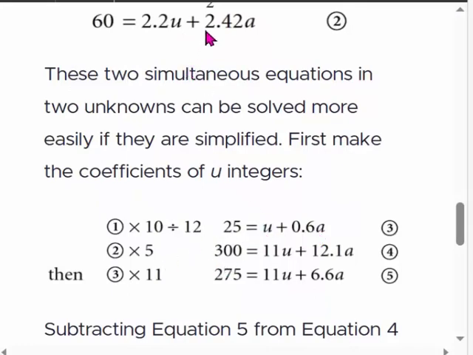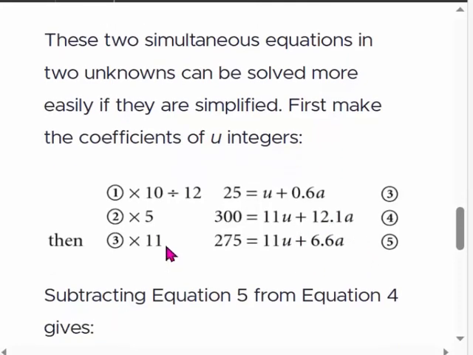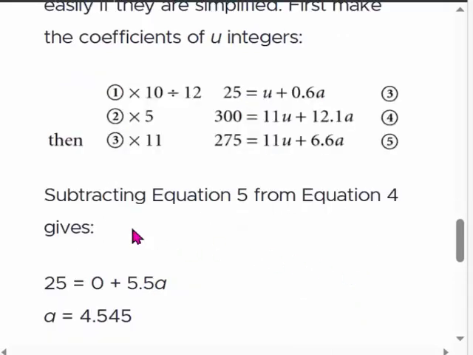We can make the coefficients of equation 2 integers by multiplying by 5. When you multiply by 5, 60 becomes 300, and 2.2 becomes 11, so 11u plus 12.1a. Then multiply equation 3 by 11, so you get 11u. Now let's subtract equation 5 from equation 4.